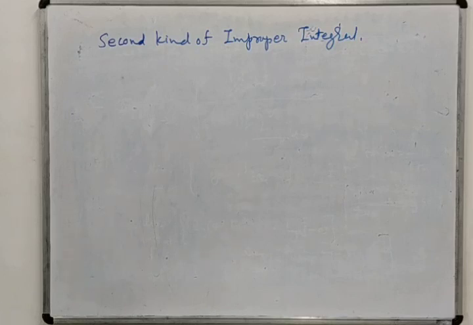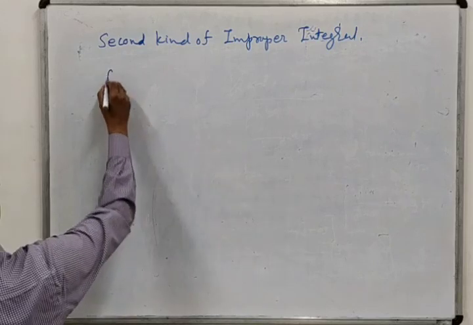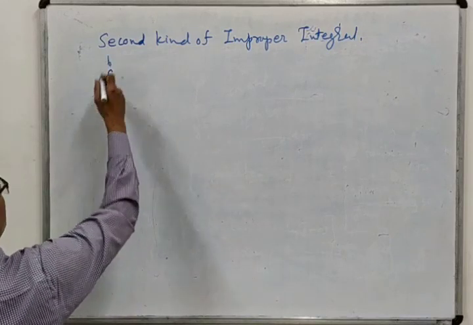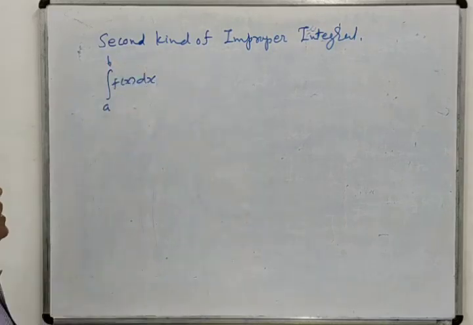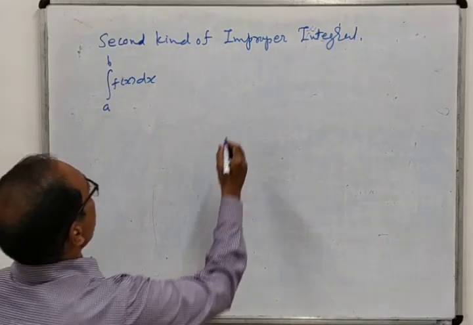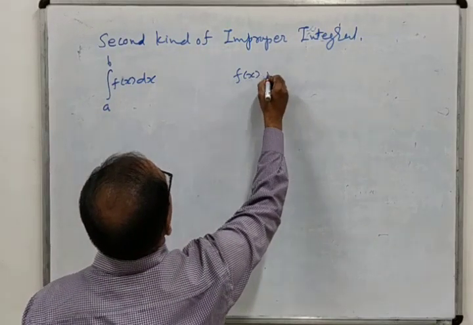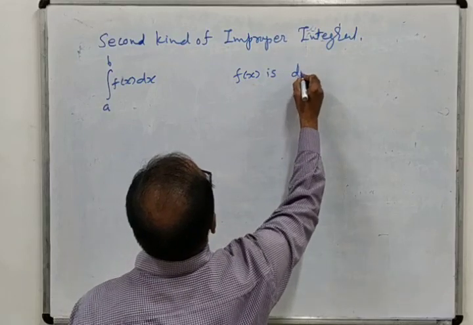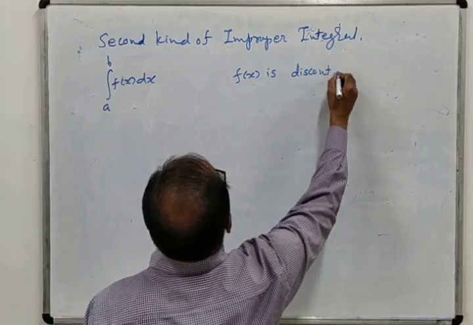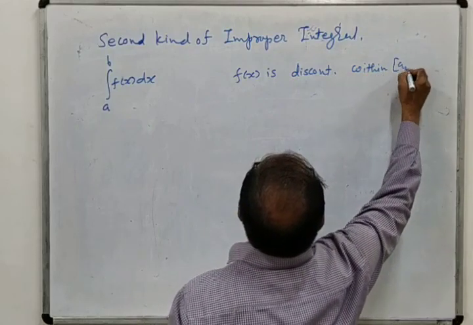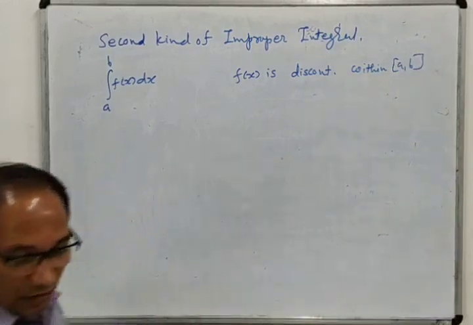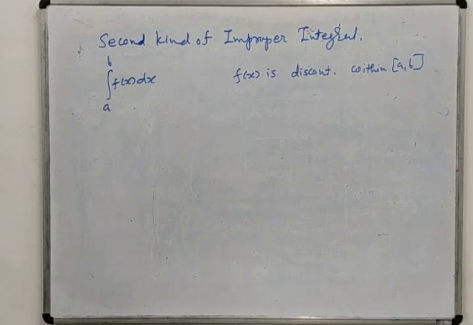Okay, we know that in the integration from a to b, here the limits are not infinity. The integral of f of x dx is said to be a second kind of improper integral if f of x is discontinuous within the closed interval a to b.